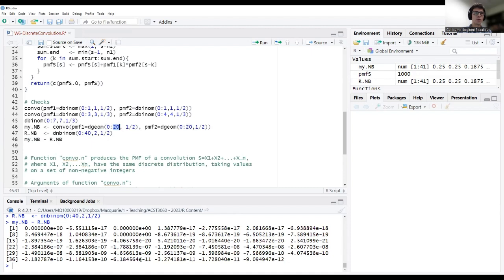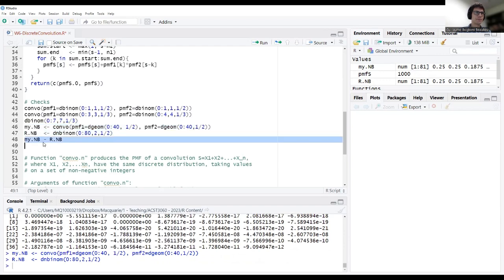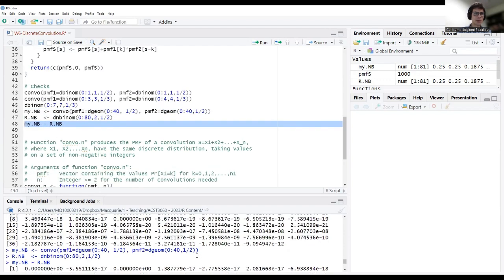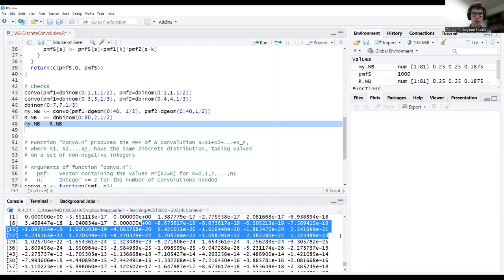So we're committing a little bit of a mistake, but it's not that big. But let's try. If I had put 40 and then 40, now I'm going to match this. Again, we're making some mistake, but it seems very small everywhere.